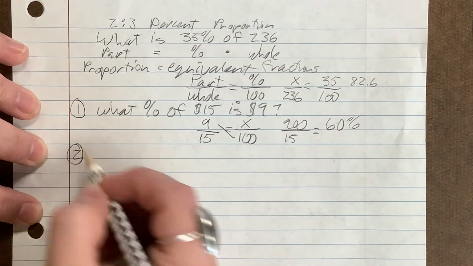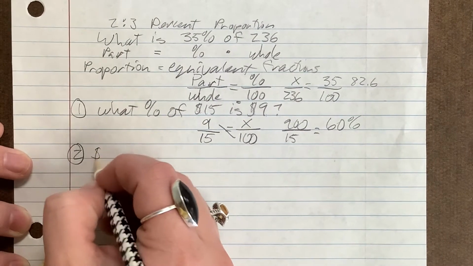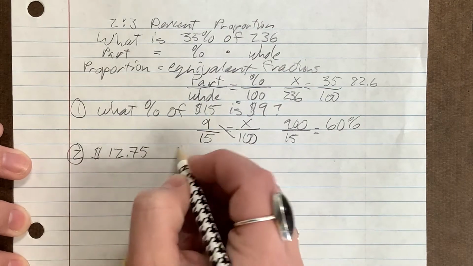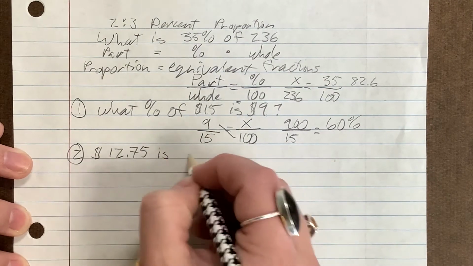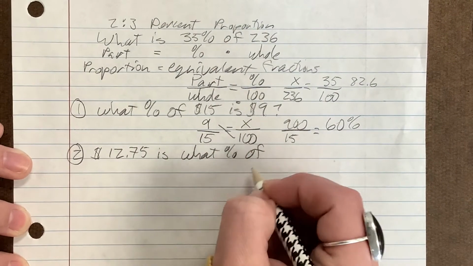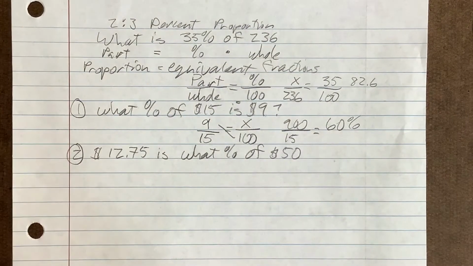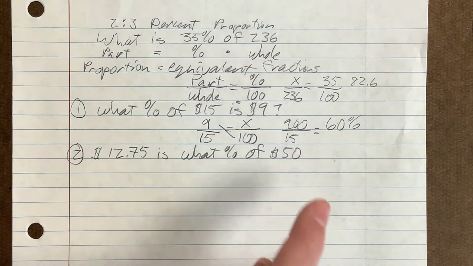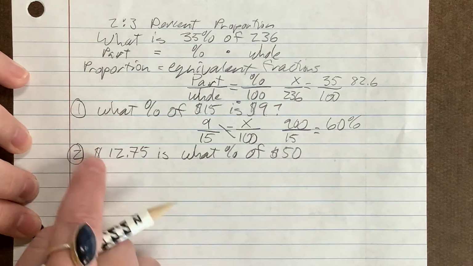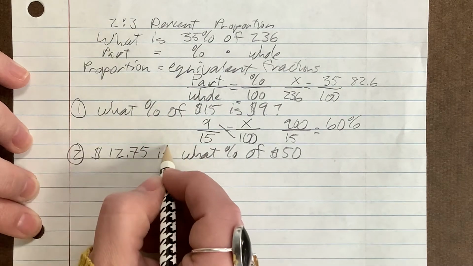All right, let's try this again. Apparently I was in the mood to do a lot of money. So here's another one with a money question. We've got $12.75 is what percent of 50? Okay, so again, let's analyze the sentence to see who is who. The 12.75 is all by itself on this side of the equal sign, or the "is."